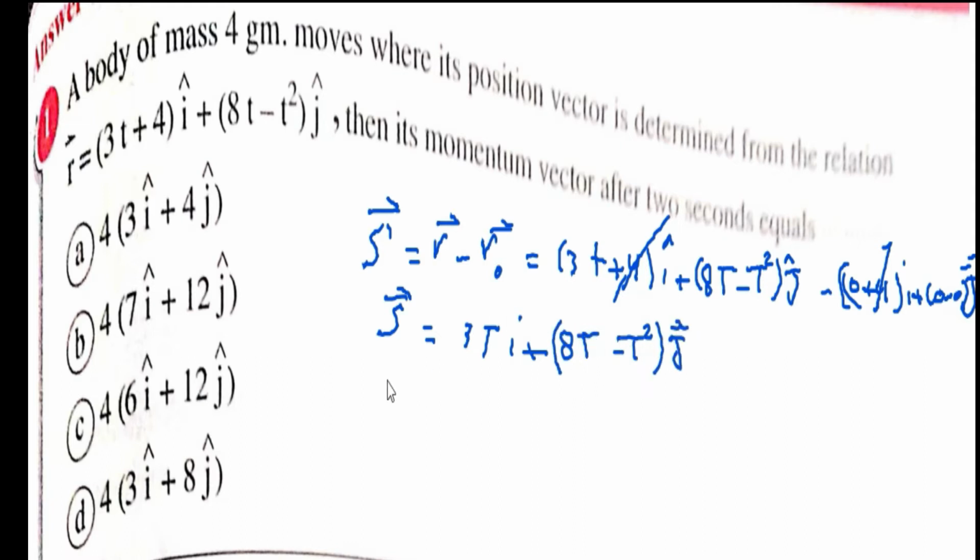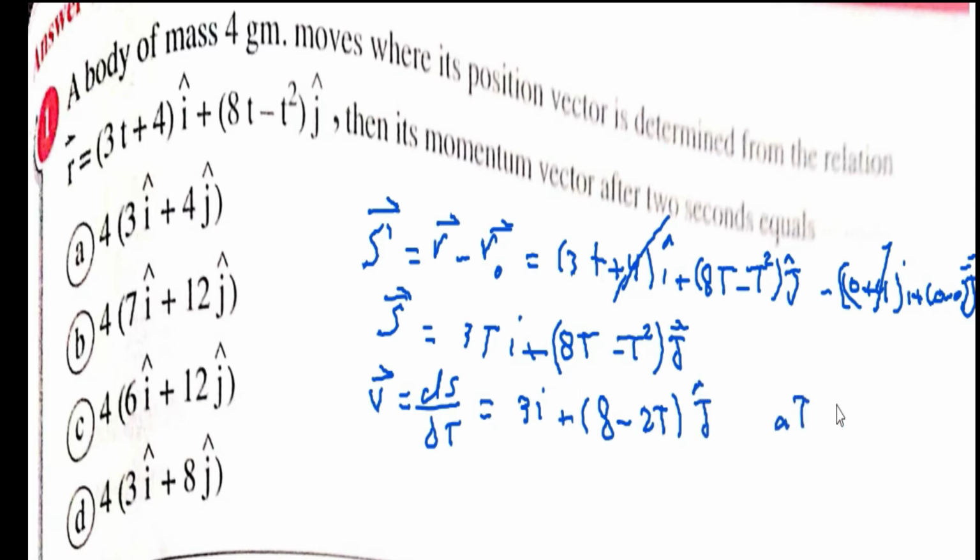We must find V, the velocity, equal ds by dt, equals 3 in the direction I plus 8 minus 2t in the direction J. At t equal to 2, V equals 3i plus 8 minus 4, which is 4j.